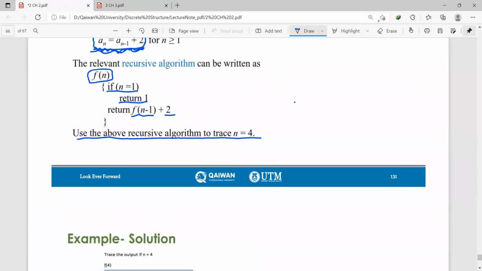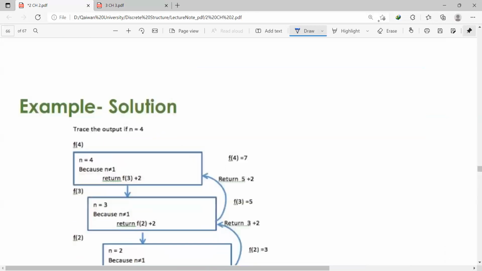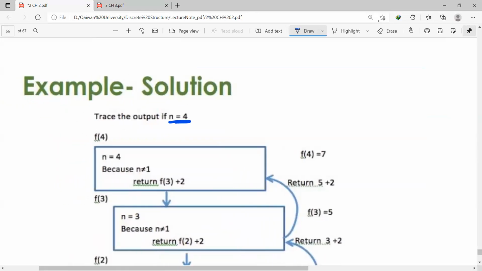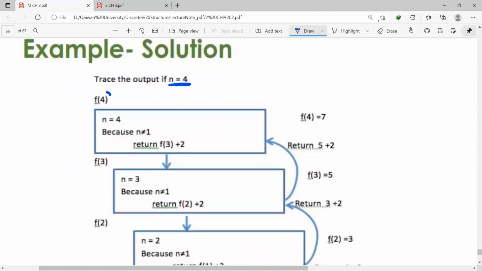First, we say if n is 1, return 1. If it's not 1, we are going to reduce the value of n one by one till we get 1, and then we return. To trace n equals 4, we have f of 4, where n equals 4 is the input.